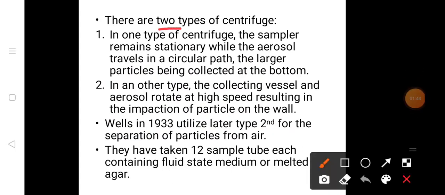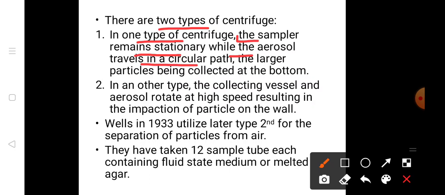There are two types of centrifuge. The first type is where the sampler remains stationary while the aerosol travels in a circular path. The holding sample of the centrifuge remains stationary, whereas the aerosol, the incoming air, travels in a circular path.